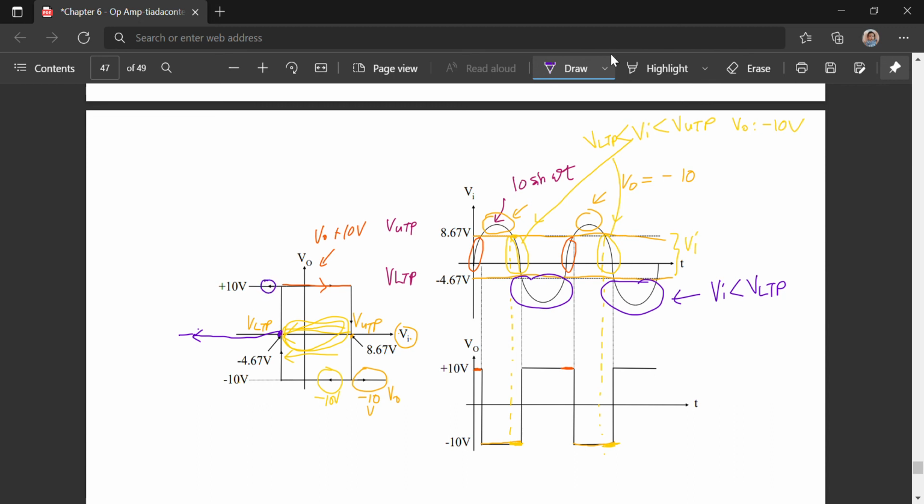So this one you get positive 10 volt. So you draw the output positive 10, and also here you get positive 10. That's it, and then you can just connect your signal.